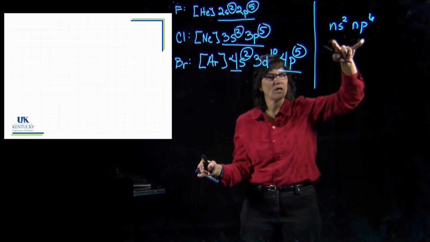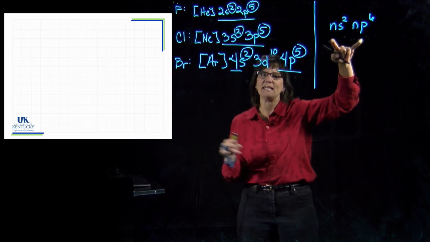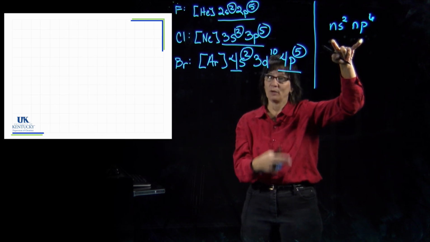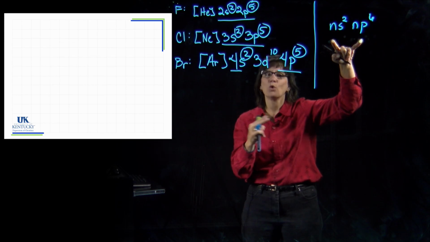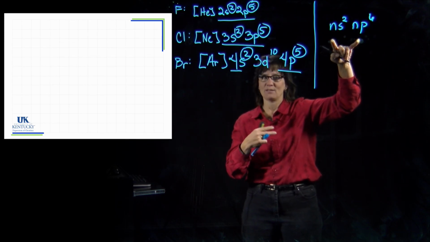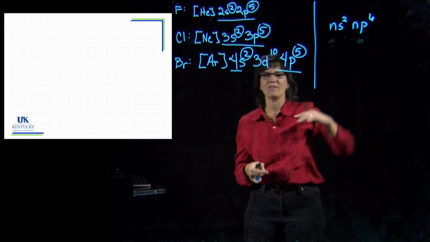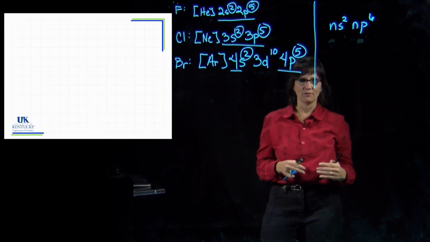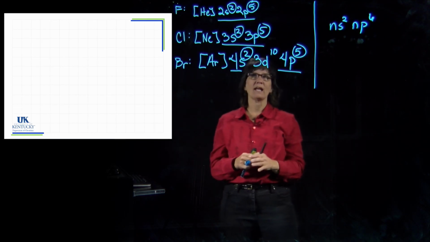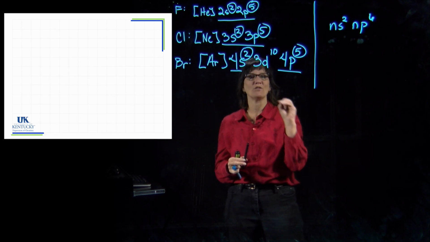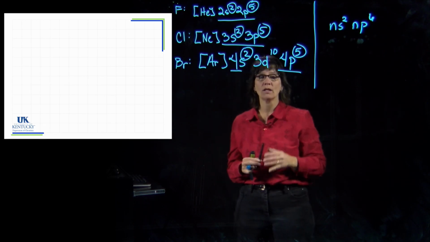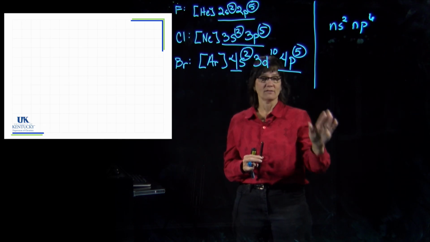That noble gas configuration is so stable, and if they can easily get there, it'll be very, very reactive. If it takes a lot more work with the electrons to get there, it takes more energy to form these, and they're not as reactive. We will continue looking at electron configurations and seeing what kind of information we can gain by knowing electron configurations in the lessons to come.